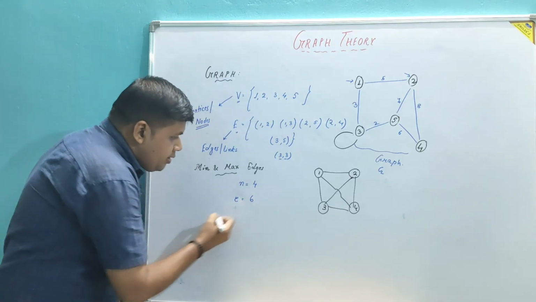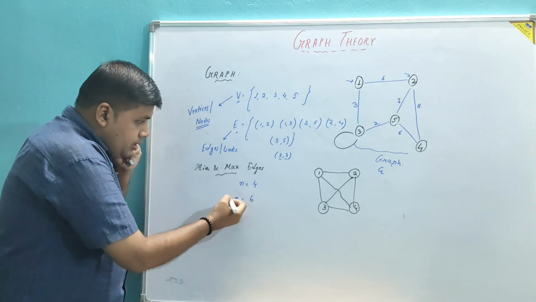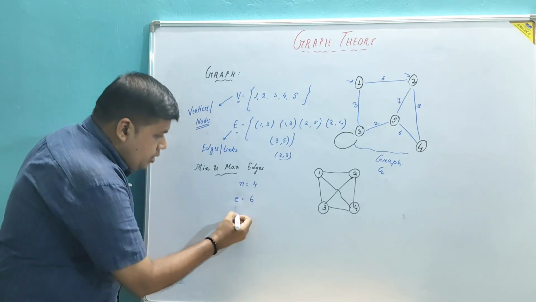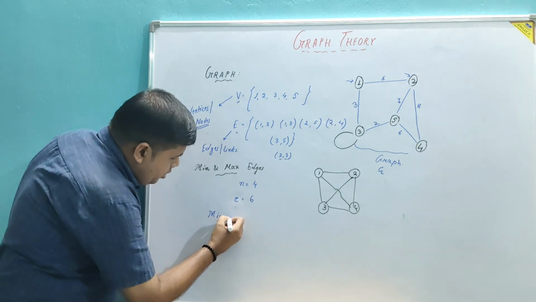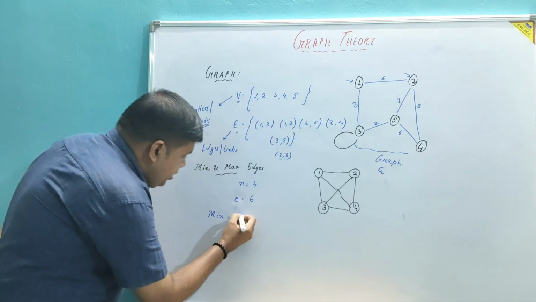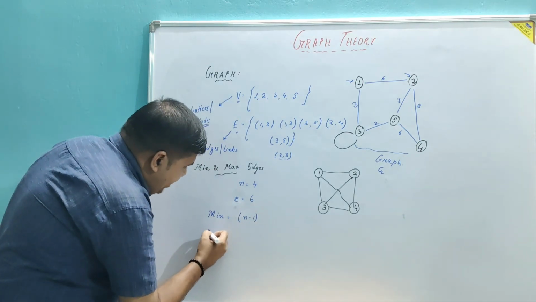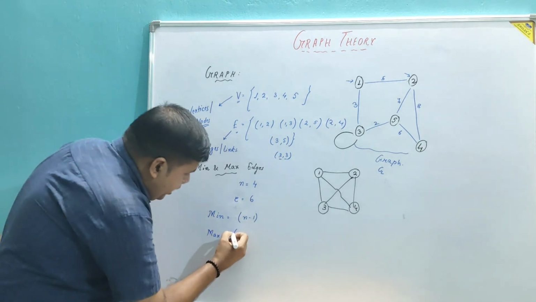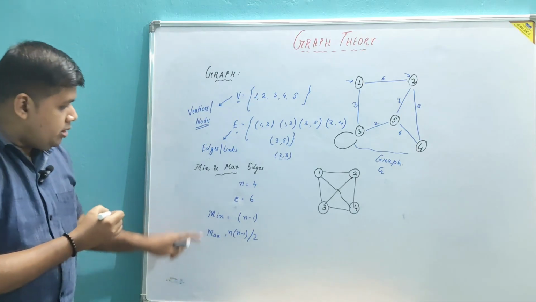So this is the maximum number of edges. The minimum number of edges will be n minus 1, and the maximum number of edges will be n into n minus 1 divided by 2. So you have to remember this.